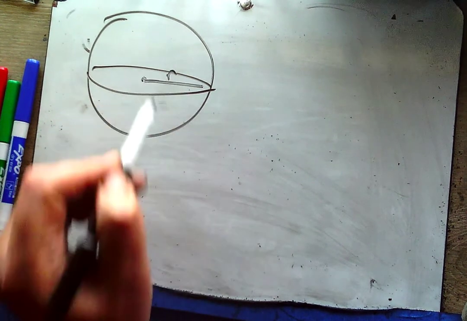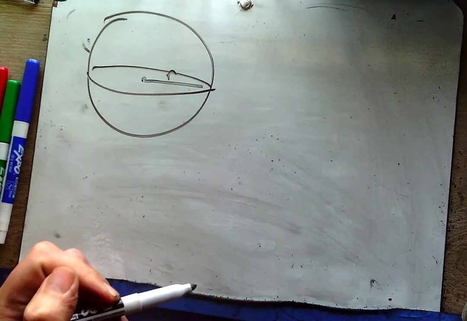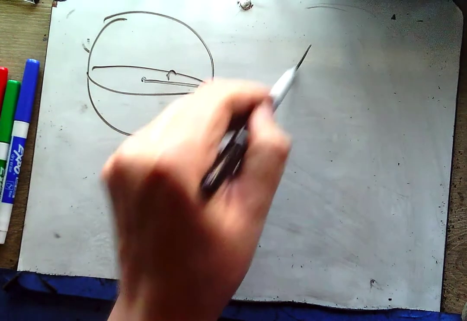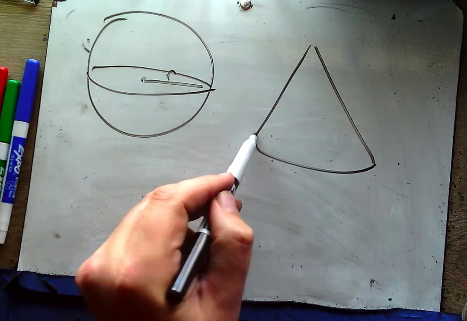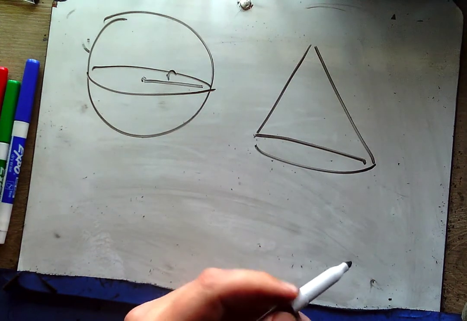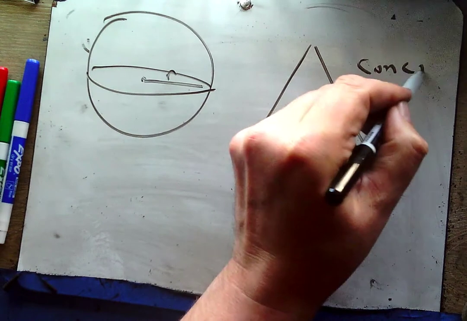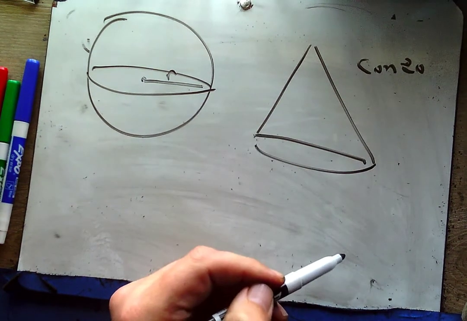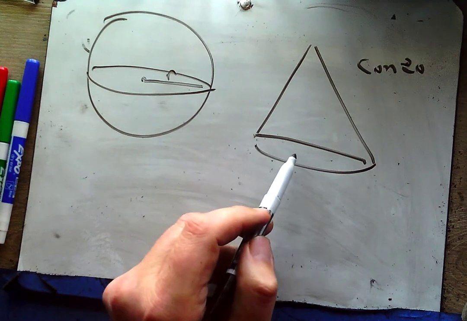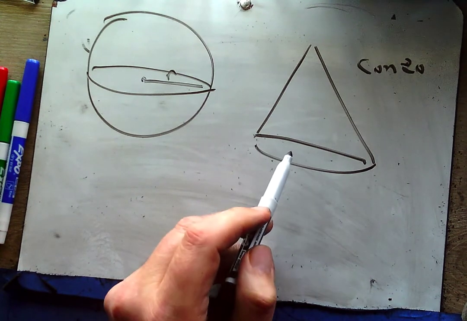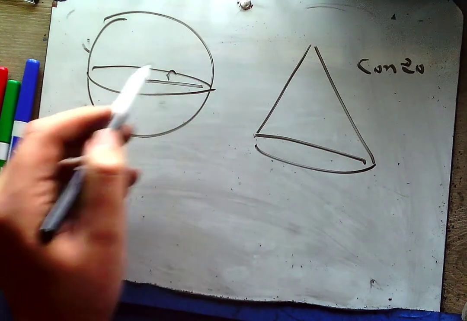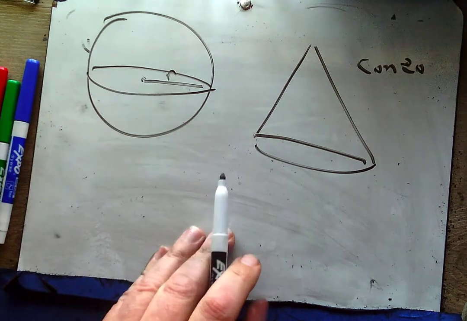Our current Pokeball has a radius of 3. Curiously, the new Pokemon is called Conio. Hi, Conio. And Conio is a cone. And we want to know the largest Conio that we can fit into our Pokeball.